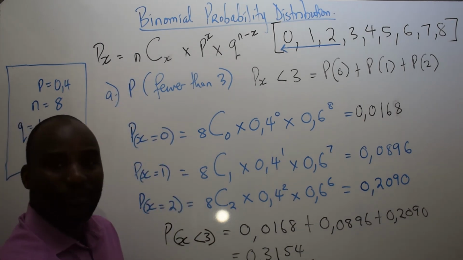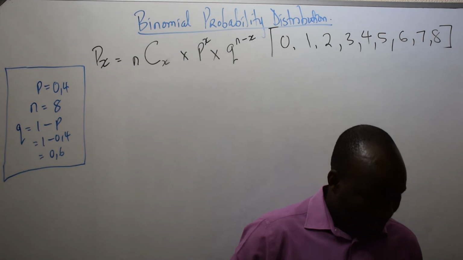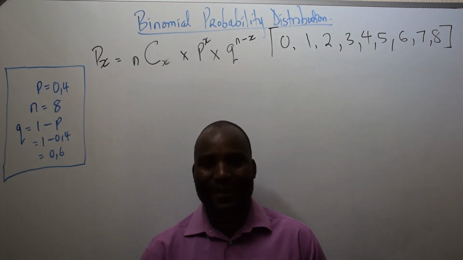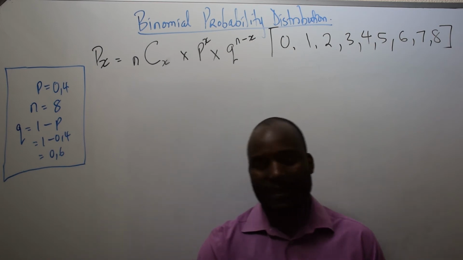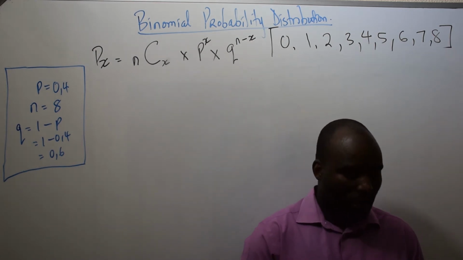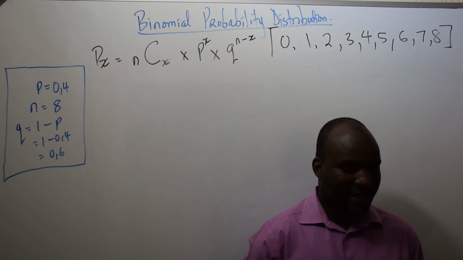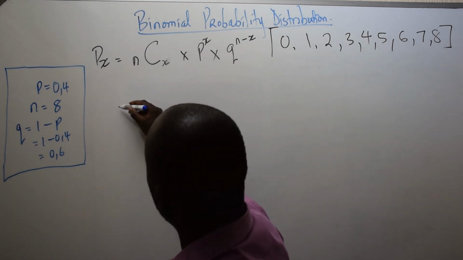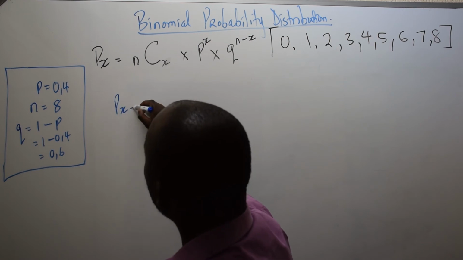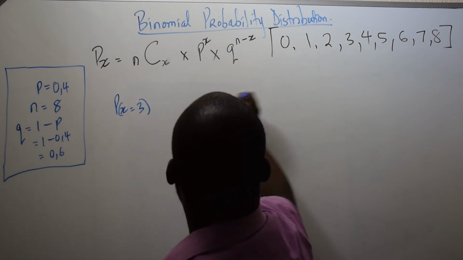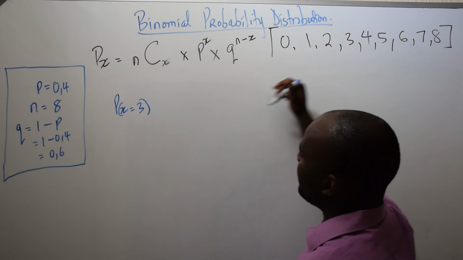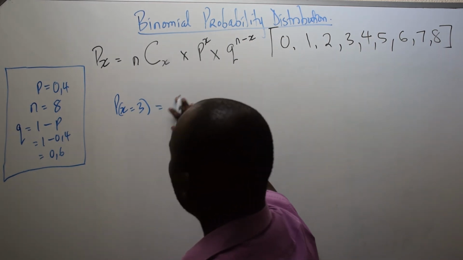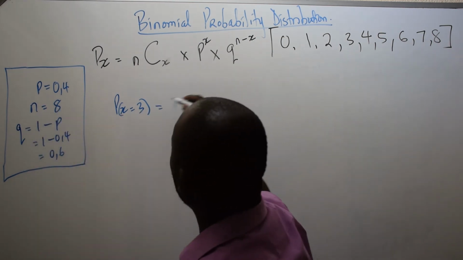Let's move to the B side. What is the probability of making exactly 3 sales when you make the phone call? Right, so the probability of making exactly 3 sales would be easy. This is just like your marginal probability. So P(X = 3). You're looking for exactly 3, so we just substitute, and we know that our n is equal to 8.